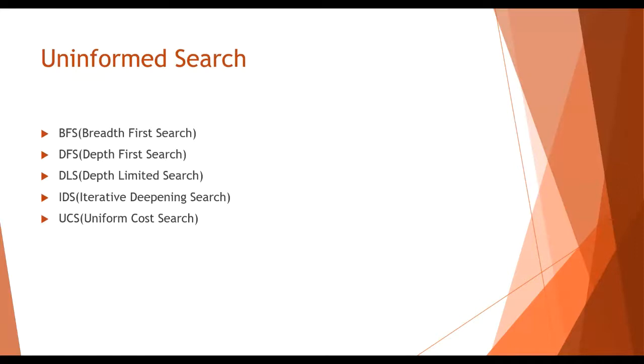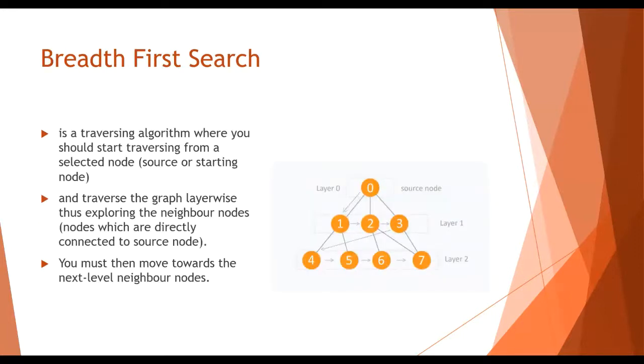So we have 5 here: BFS, DFS, DLS, IDS, and UCS. Breadth first search, depth first search, depth limited search, iterative deepening search, and uniform cost search. So let's start with breadth first search. For breadth first search, the searching is per level.